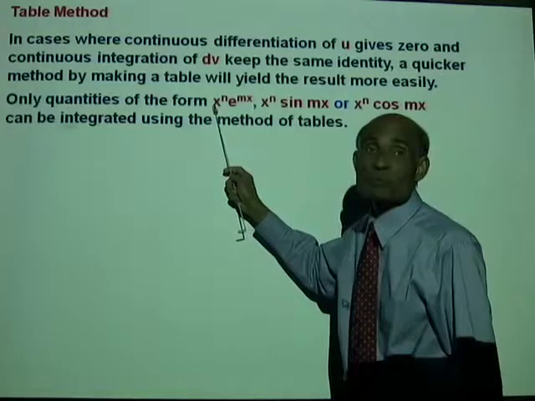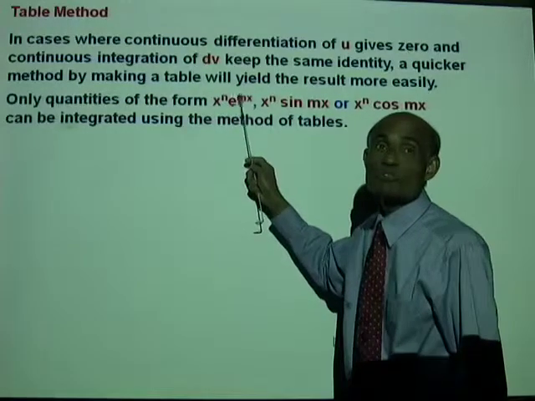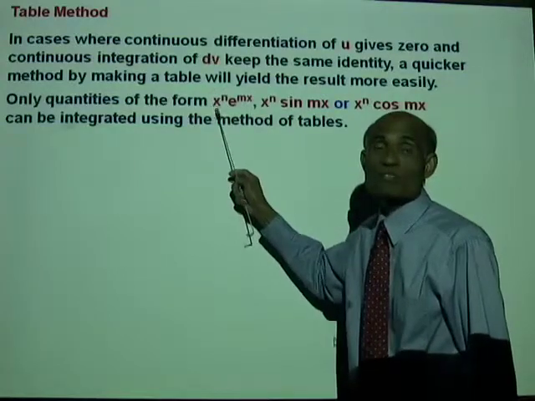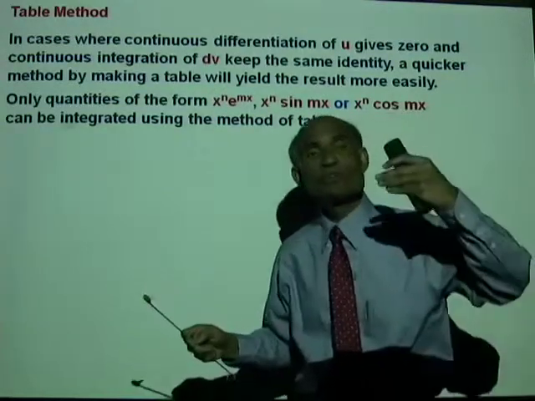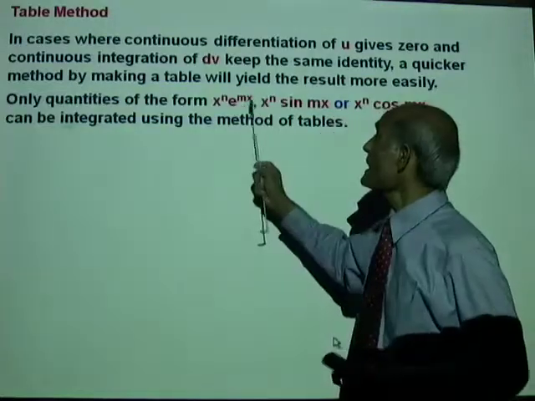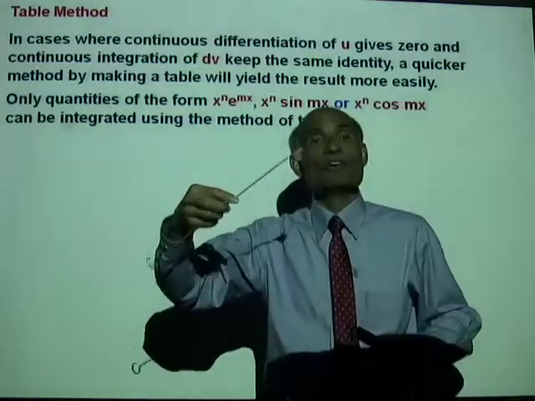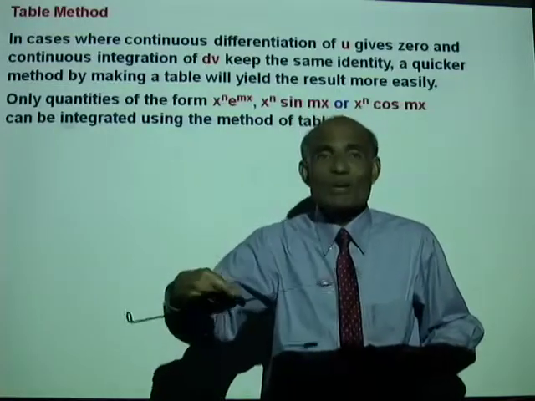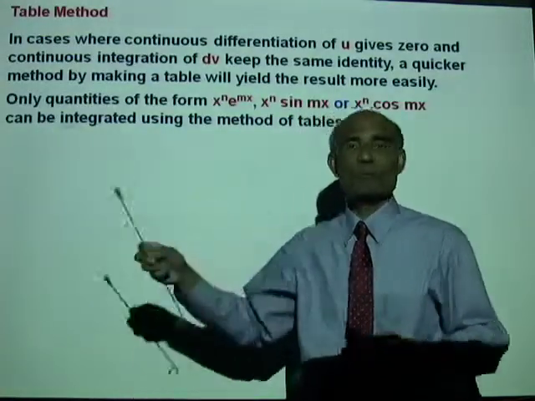Now, for example, quantities like x to the power of n, e to the power of mx, will satisfy that, because x to the power of n, when you differentiate continuously, you will reach 0. And e to the power of mx, when you integrate continuously, you will keep the same basic form.